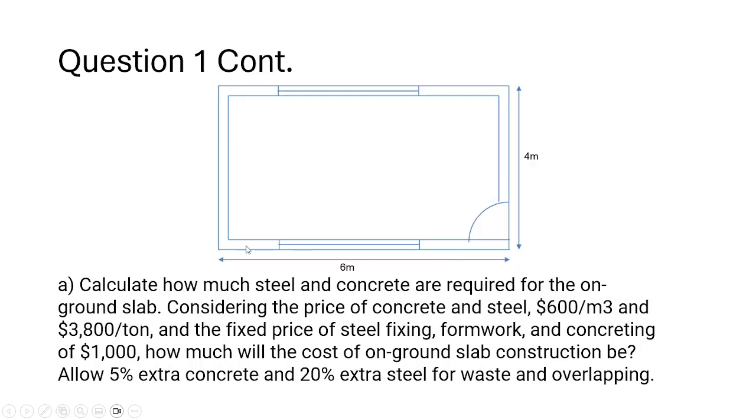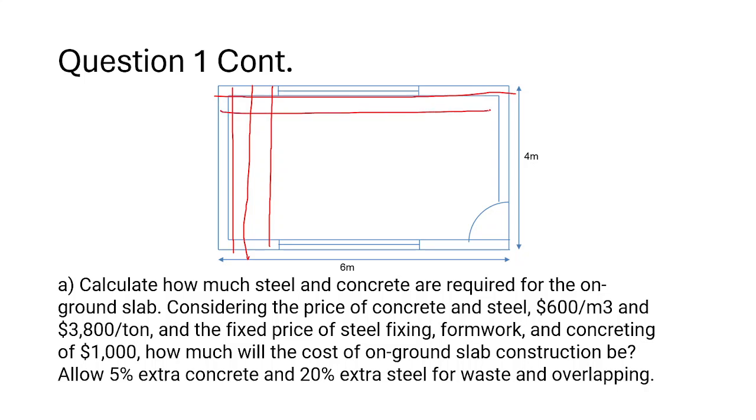So in terms of 6 meters, at 100 mils spacing, we will need 60 of them. And it has to span the length of the building. So it must go like that, right? And then the ones over here, it has to go that way. Okay? So, moving on.